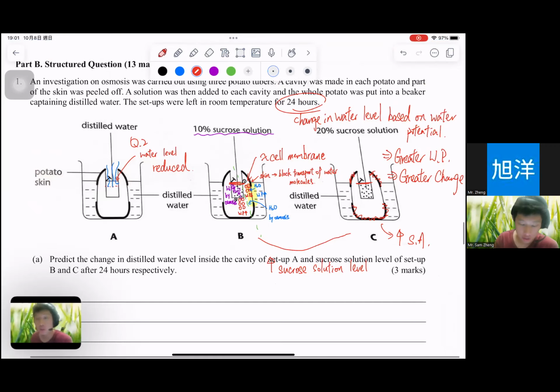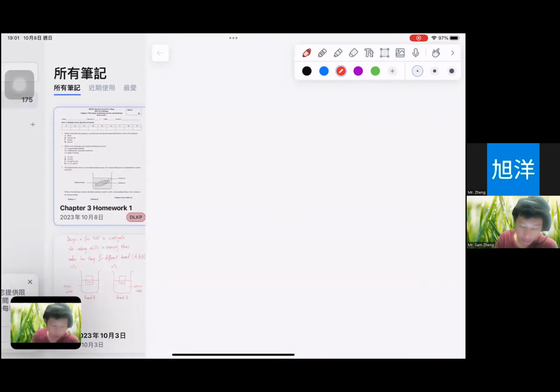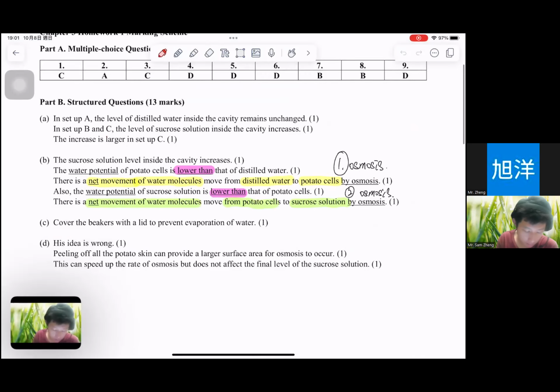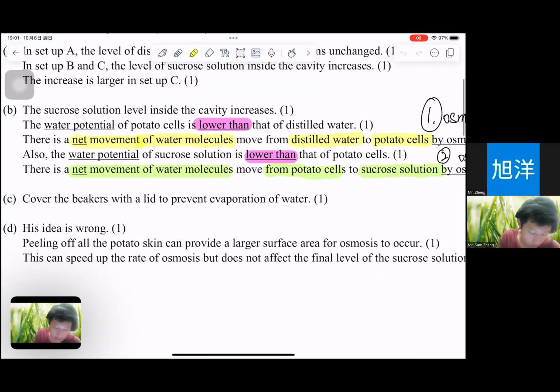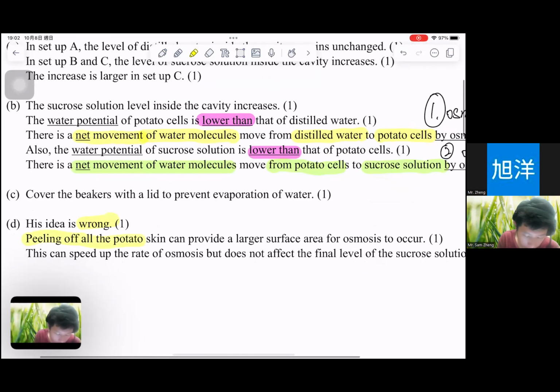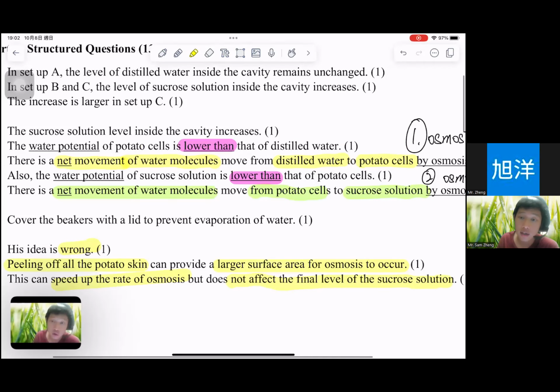So by looking at the marking scheme, you will see that his idea is wrong, because peeling off all the potato skin just provides a larger surface area for osmosis to occur. This speeds up the rate of osmosis, but does not affect the final level of the sucrose solution in the cavity.